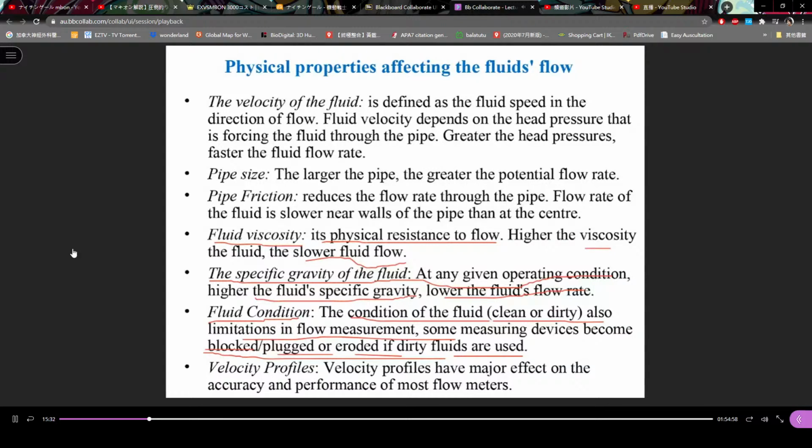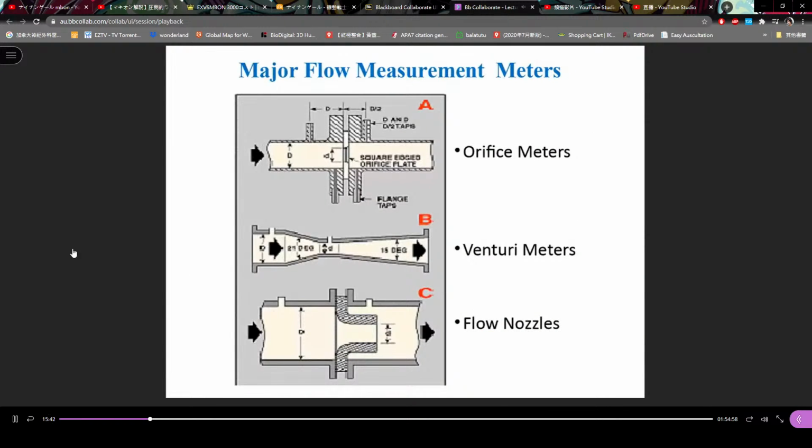The velocity profile has a major effect on the accuracy of performance. Later we introduce some of these 3 examples. For flow rate measurement in building service engineering, usually a pipeline, for example a water pipeline, we use these 3 measurement instruments.